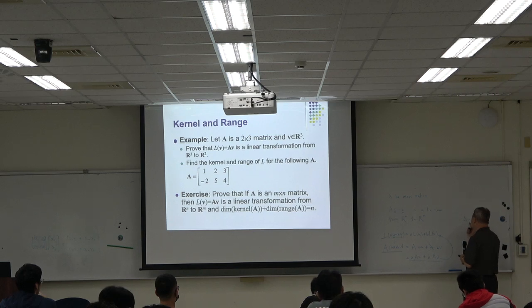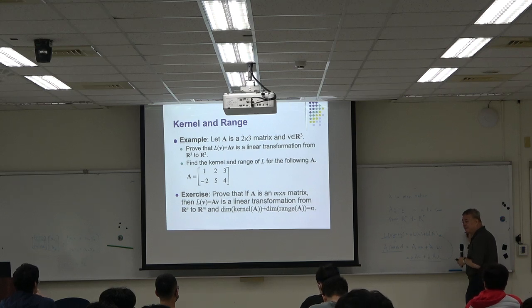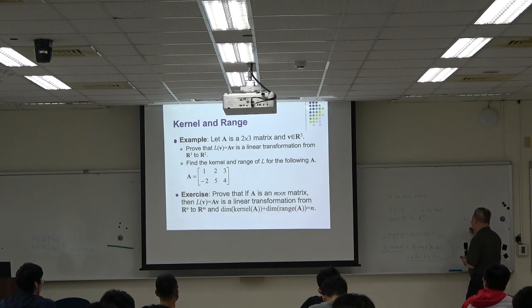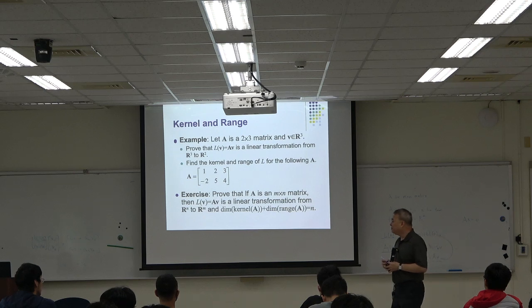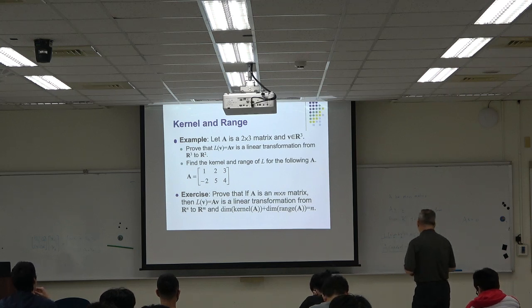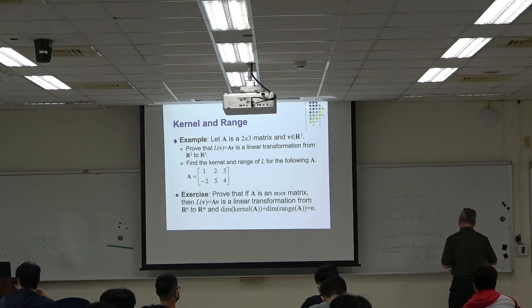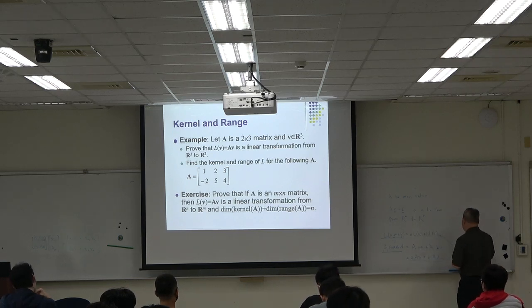We need to find all the solutions of X to make AX equal to 0, right? So this is the null space of this matrix, right? It's a null space. So if it's a null space, well, you just try to solve it.